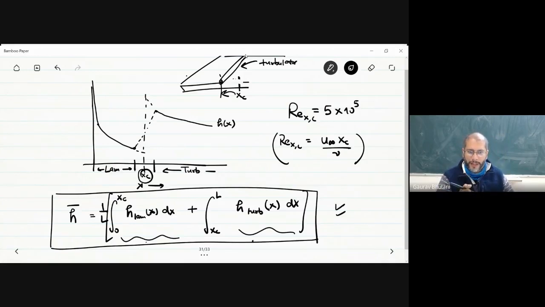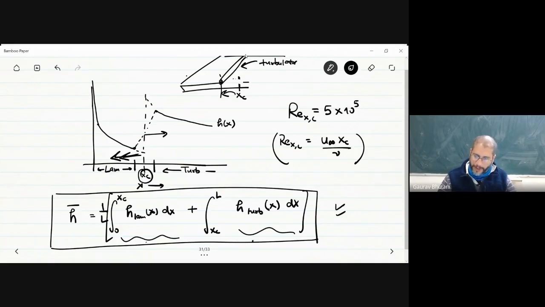Now remember, to the left of X critical, the H value is small, and to the right of X critical, the H value is large. So if I was to increase the average H value, I would want to shift my X critical as far backwards as possible, so that my turbulent region dominates and my average heat transfer coefficient increases.